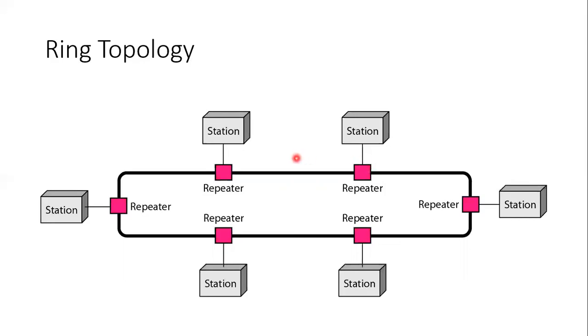Another advantage is that fault isolation is simple. Suppose this one fails, we can easily remove it, and then the data may be transmitted along the link. If one device does not receive a signal within a specific period, it can issue an alarm.